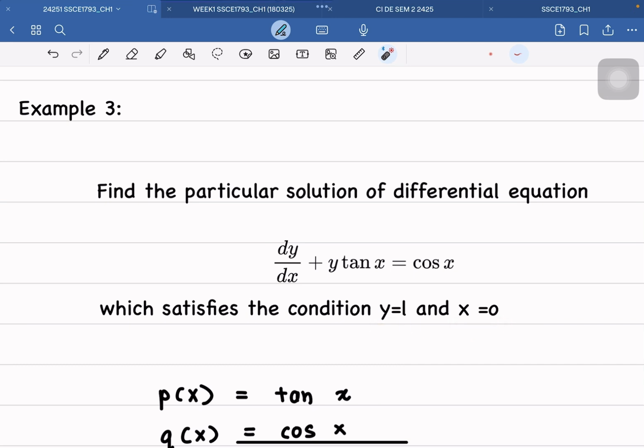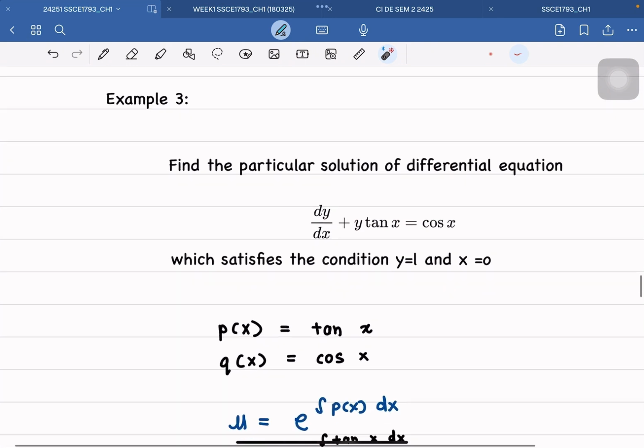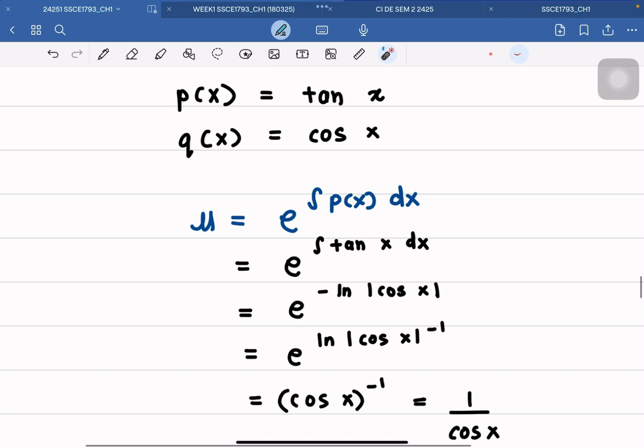Okay, so straightforward. Since the coefficient of the y prime is 1, you can straightforwardly identify your px and qx, which is px is equal to tan x, and then your qx is equal to cos x. Okay, done for the first step. Finding the integrating factor. So mu is equal to this equation.